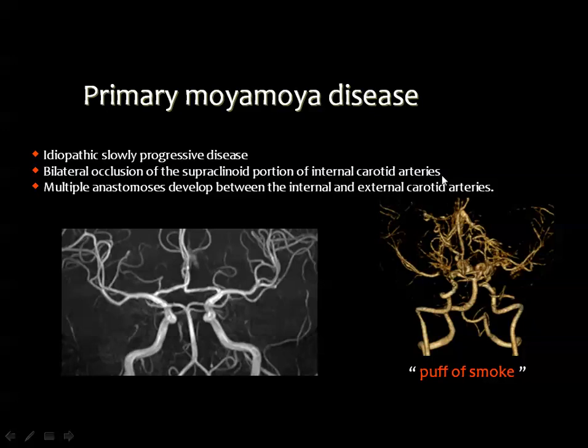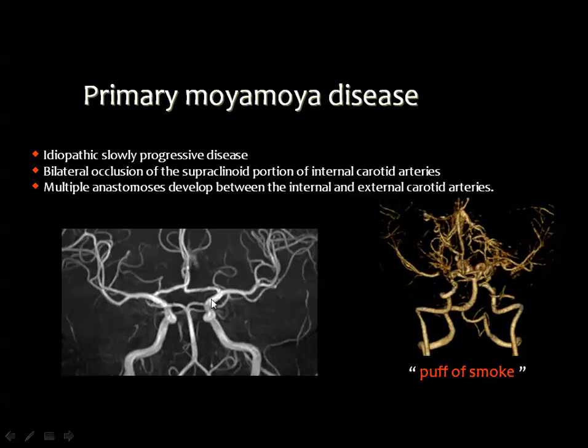This disease is of unknown etiology, resulting in marked narrowing or even complete obstruction of the supraclinoid part of the internal carotid artery. And you know, this is the normal carotid MR angiogram. This is the internal carotid artery, and this is the region of the carotid siphon.